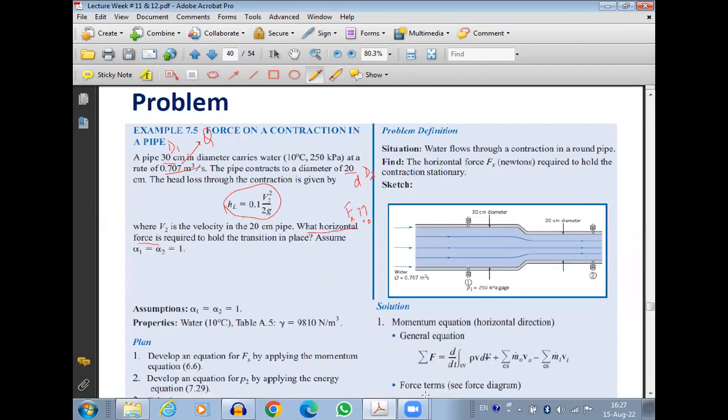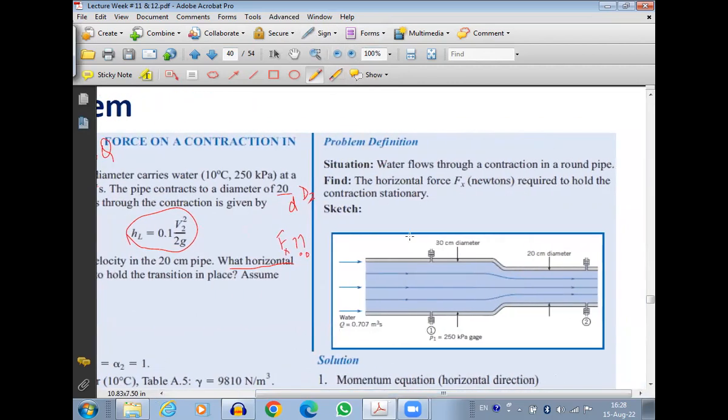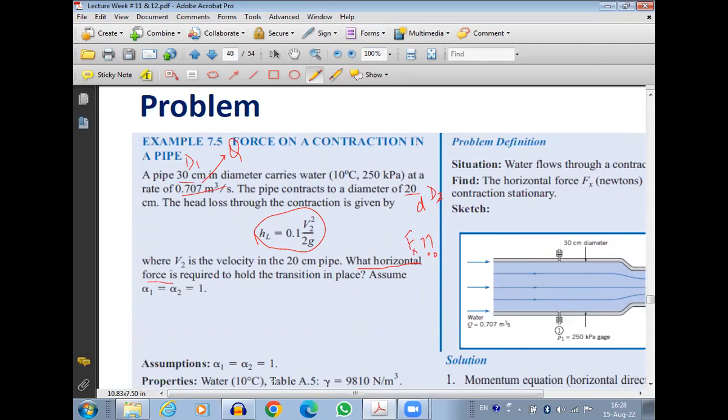So this is the diagram for the problem, where we have a bigger diameter pipe, and it's connected to a smaller diameter pipe. The bigger diameter pipe is 30 centimeters, and the smaller diameter pipe is 20 centimeters. The pressure in the pipe is mentioned: 10 degrees centigrade, 250 kilopascal.